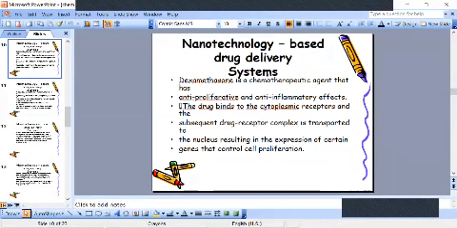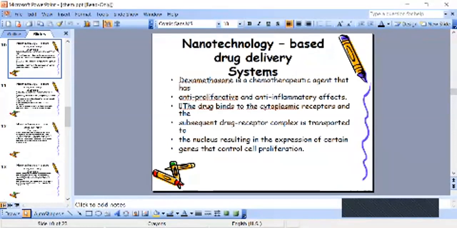Dexamethasone is a drug that has anti-proliferative and anti-inflammatory effects. The drug binds to cytoplasmic receptors, and the subsequent drug-receptor complex is transported to the nucleus, resulting in the expression of certain genes that control cell proliferation.